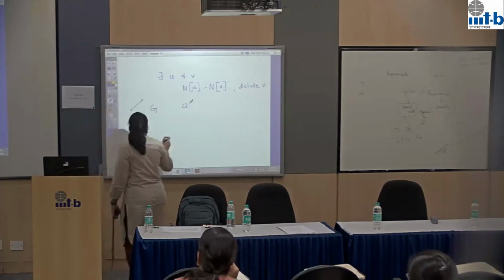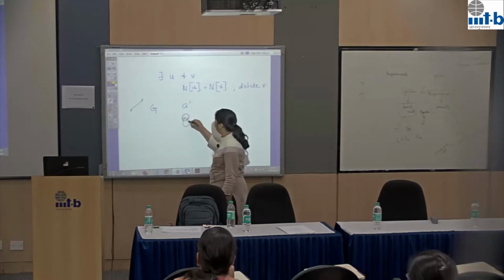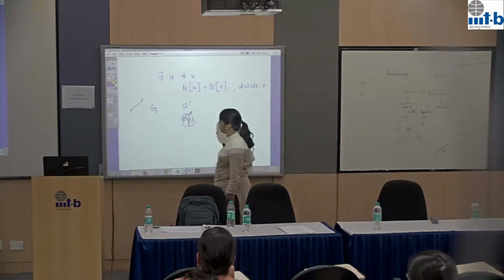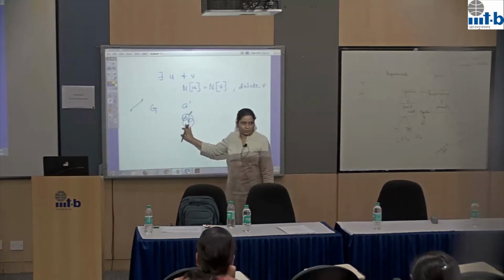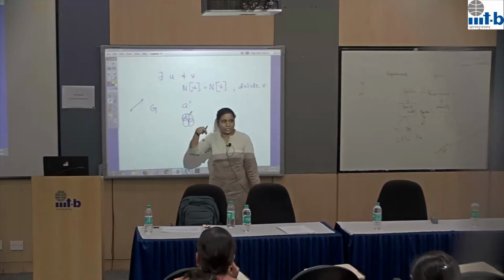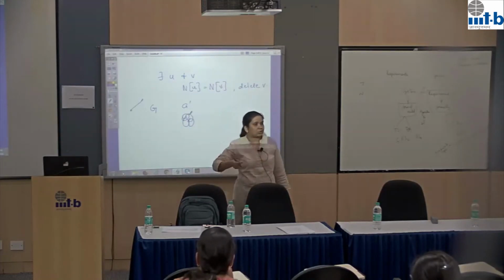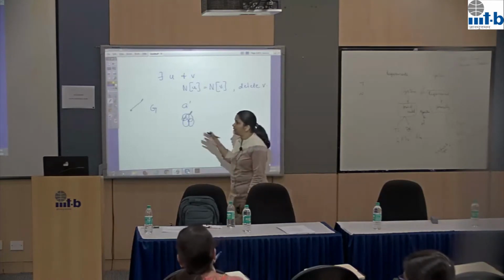Take the clique cover in G prime. V is not in this, right? We want to extend it to G so that all the edges which contain V are also covered. How can we prove that it is possible?